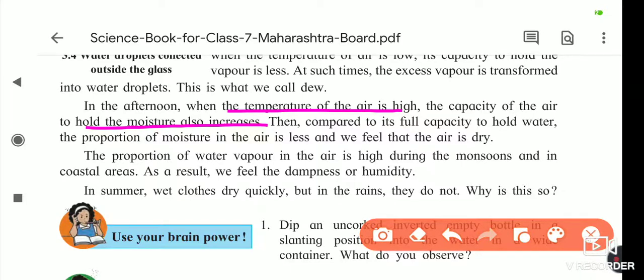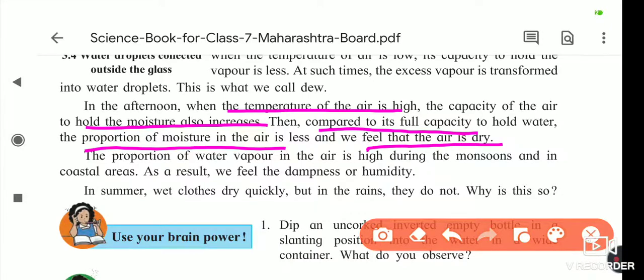Compared to its full capacity to hold water, the proportion of moisture in the air is less. So the moisture is less, and we feel that the air is dry in the afternoon.